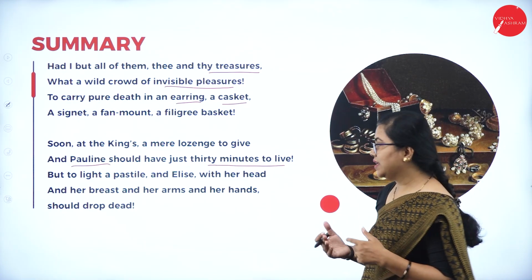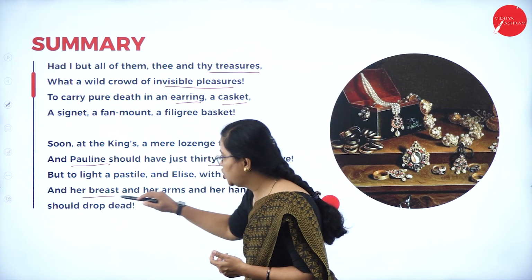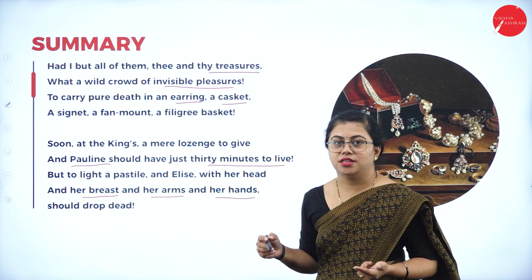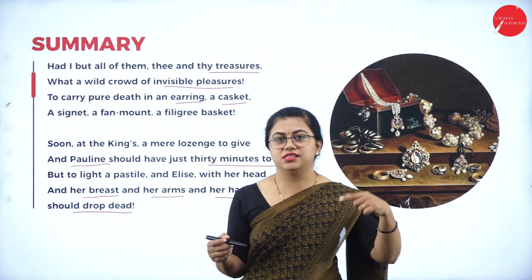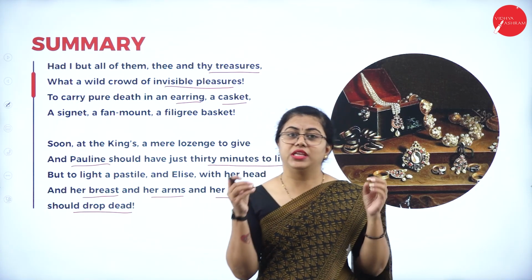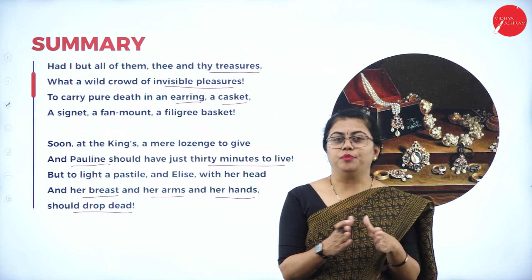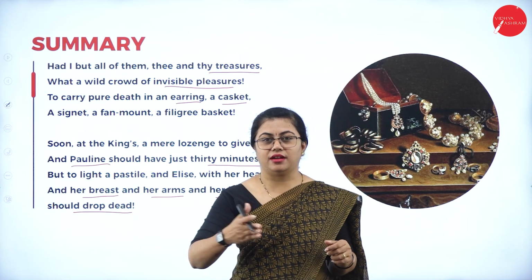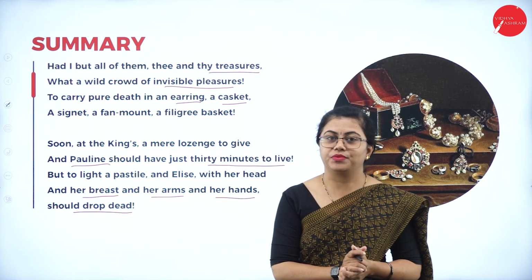You can see the hatred she has towards that lady. She is talking about each and every organ should drop dead. That means she is not talking about the whole lady, but about each and every organ. A few people will have so much hatred that they cut the body and show their hatred on the dead body also. Isn't it?